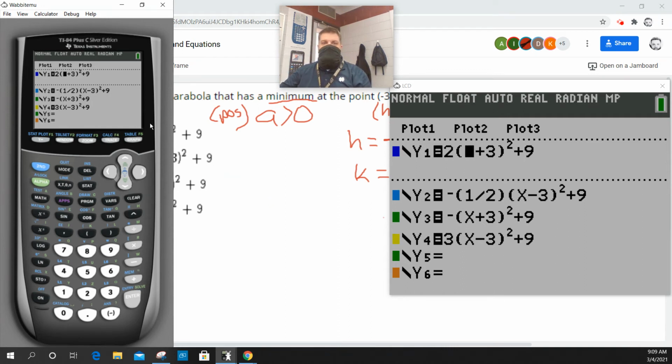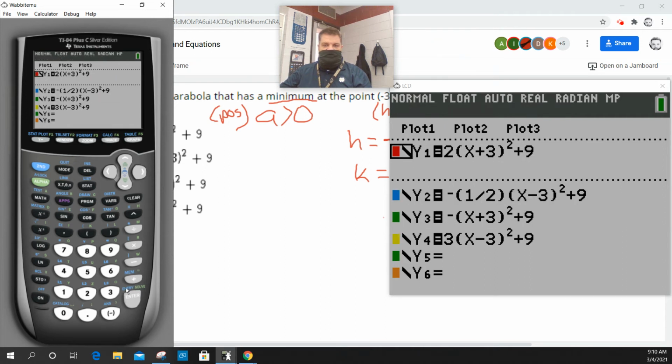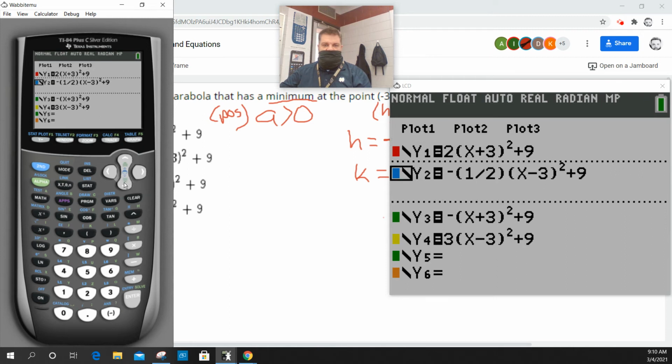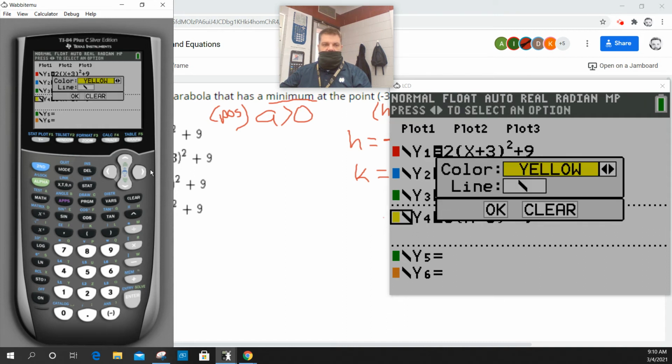Okay. You ready? Let's graph these bad boys. I'm going to change the color, though. I'm going to make this one red. That way I'm sure that that looks different. Green. And then I'm going to go down to the 4th one. What color should we make that, guys?